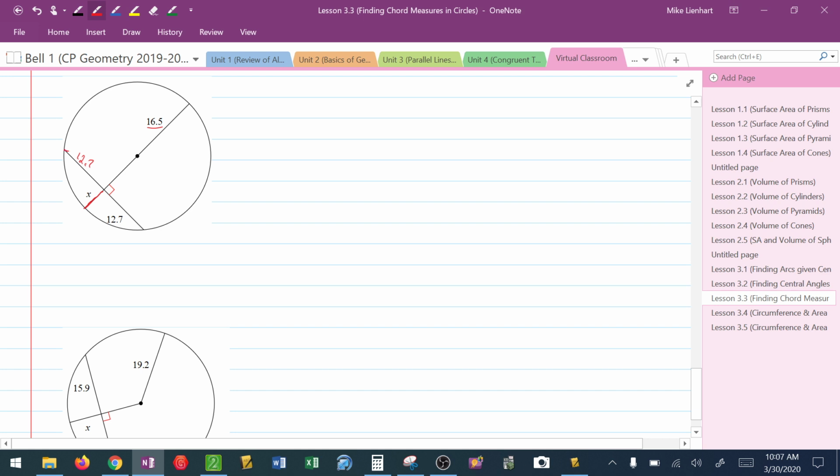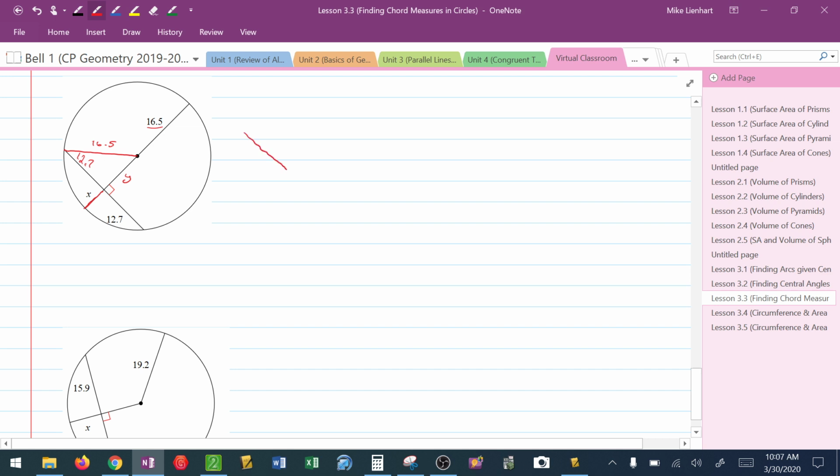I'm going to choose to draw one like this, which means that I know that this side is 16.5. I'm going to find this piece, and I know that x plus y has to give me the measurement of a radius.